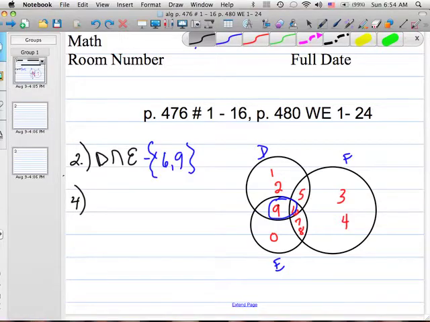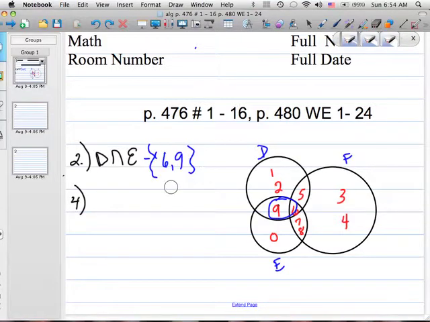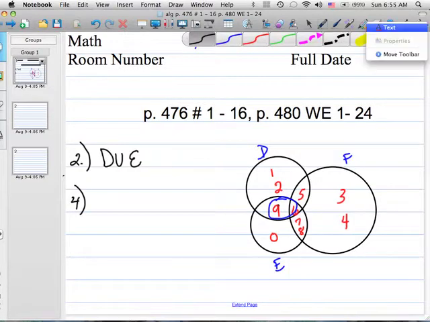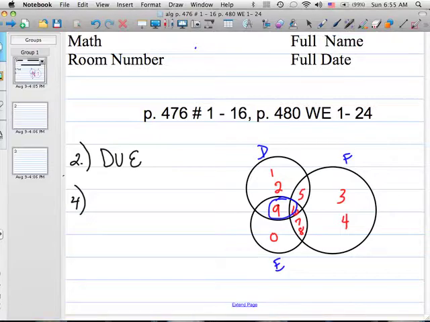The next problem, number 4. Whoops, I did the wrong one, didn't I? Okay, well, let's start again. Number 2 is D union E. So that's putting the two sets together. So D union with E would be everything in D plus everything in E without repeating.